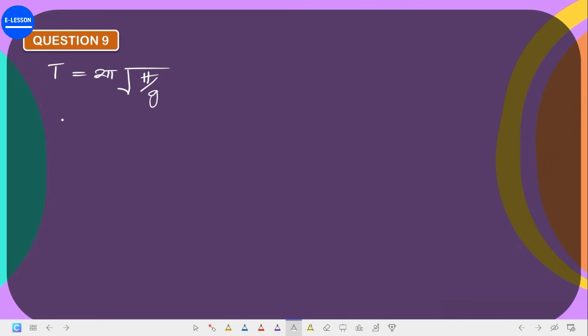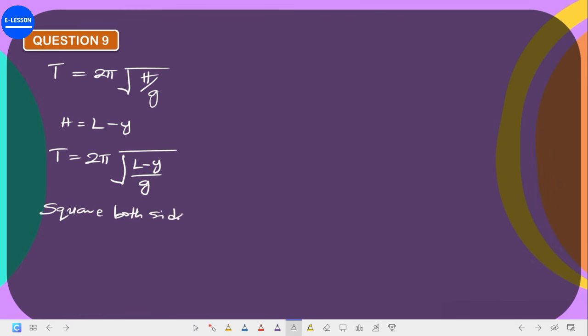But in this case our H is equal to L minus Y. So in place of H we are going to put L minus Y. This gives us T is 2 pi root of L minus Y divided by G. So at this point in time, what do you do? To remove this square root, you square both sides. So this will be equal to t square is, if you square 2 pi, it gives you 4 pi square. Now the square will remove the root, so we are left with L minus Y divided by G.